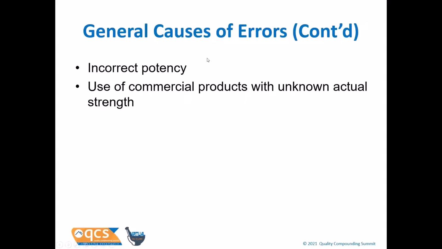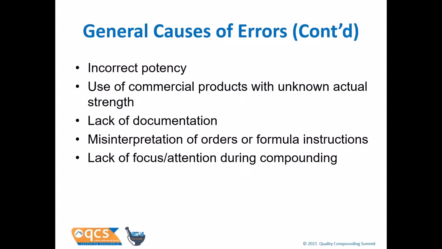There are other errors or causes of errors. It could be incorrect potency. And one of the problems we have too is the use of commercial products with unknown actual strength. You know, even though something says it's a 250 milligram capsule, or it's an oral liquid at 20 milligram per milliliter, or an injection at 10 milligram per mil, those are the labeled quantities.